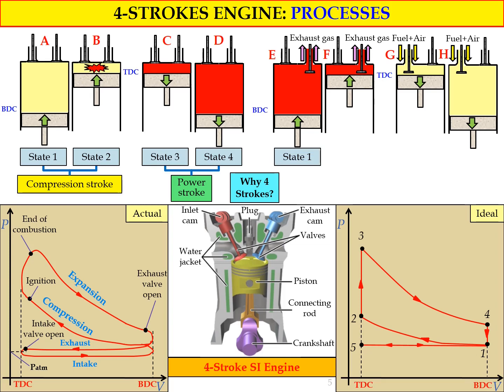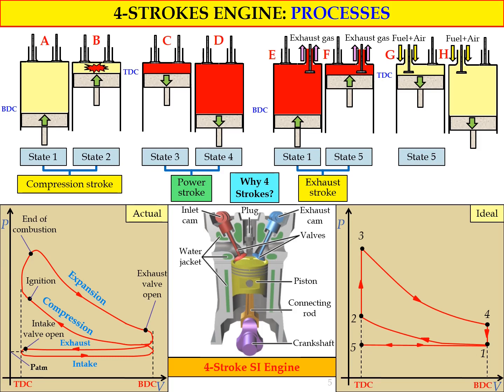Okay, next figure E represents state number 1, figure F represents state number 5, and we call the process the exhaust process. Because the process also involves 1 stroke in terms of the movement of the piston from BDC to TDC, we call it the exhaust stroke.